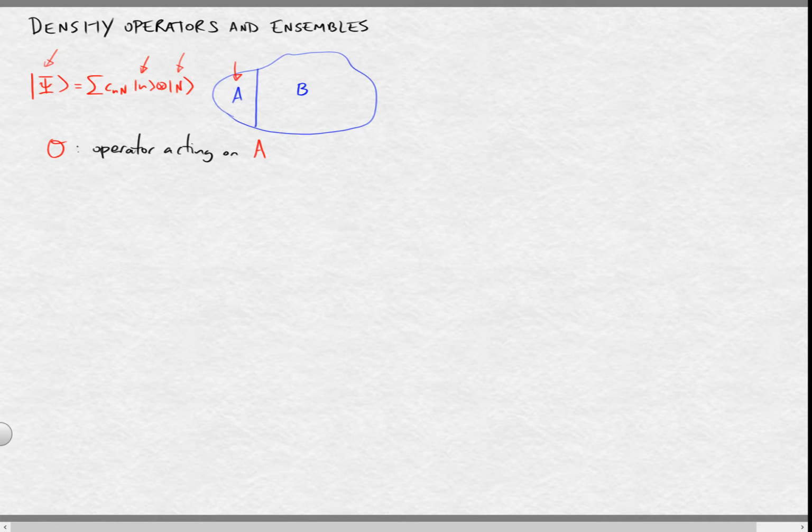It's something that we could measure, and we could talk about the measurement probabilities for various outcomes, or we could talk about the expectation value for the operator O on the subsystem A. Okay. And so let's actually focus on that.